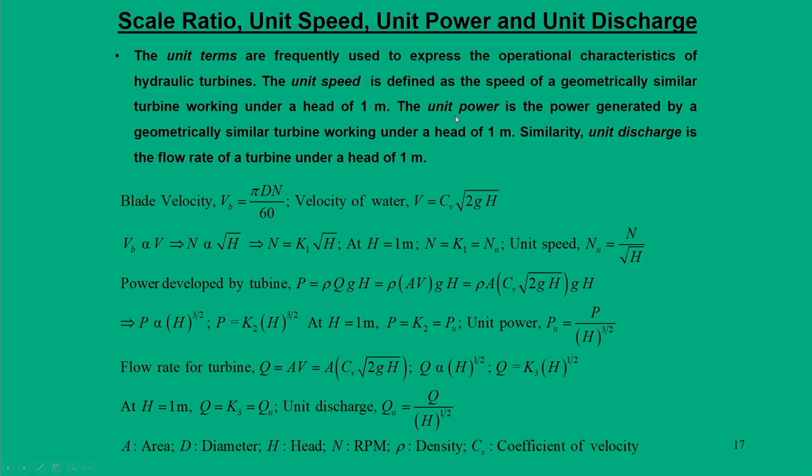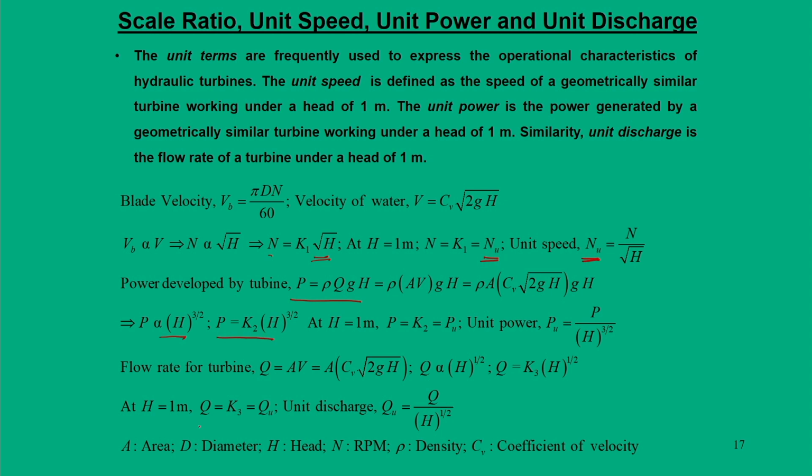So, first thing, from the same logic, when you say VB proportional to V, we say N is proportional to square root of H, and when H is equal to 1, K1 becomes N, and that term we call the unit speed, NU. So, NU is equal to N by square root of H. With the same logic, when you define the power, P is equal to rho Q g into H, replacing flow rate with A into V, we arrive at P is proportional to H to the power 3 by 2.